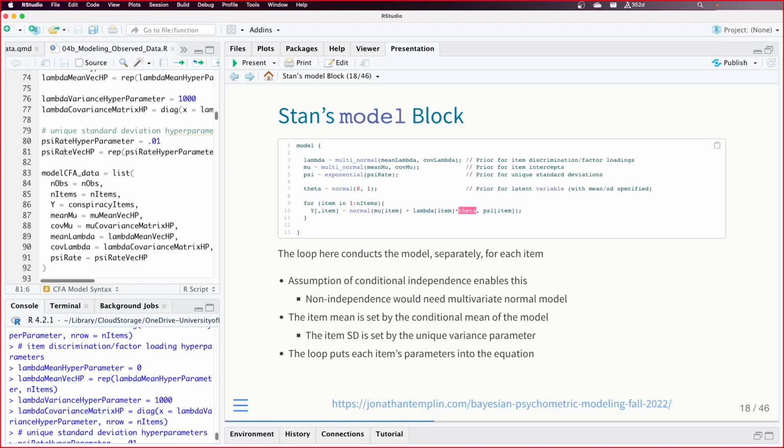Actually, information is a difficult concept in this, but relatively speaking, in a maximum likelihood sense, the information function for this item is lambda squared over psi squared, right? It's constant, which means the larger lambda is relative to psi, the more precise, or the more information, this item is carrying about theta. Why does that matter though?